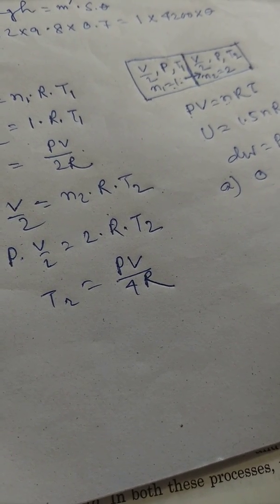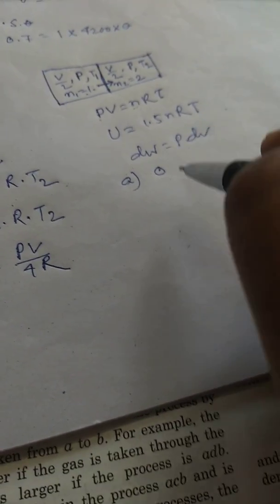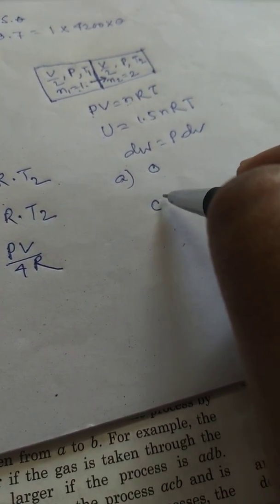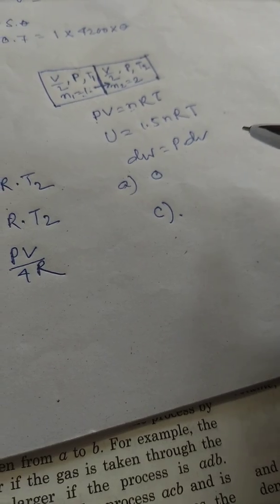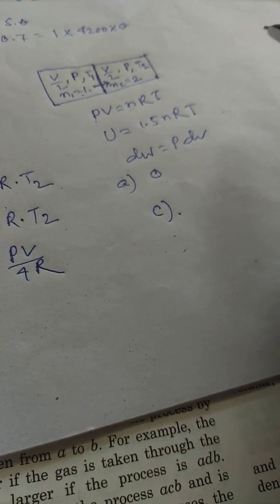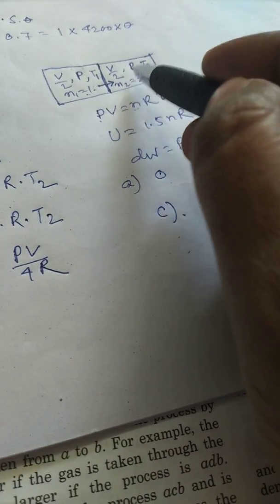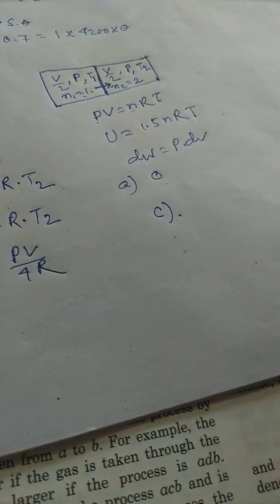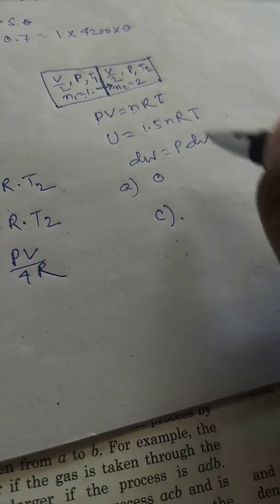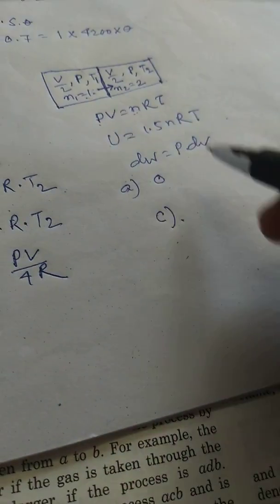They are asking the final common temperature reached by the gases, right? So I have to answer for C now. Look, it is losing internal energy and it is gaining that. So from that concept I will get the final temperature.